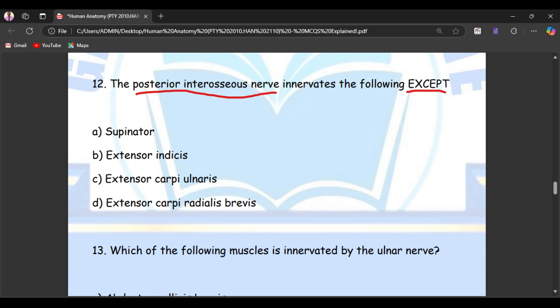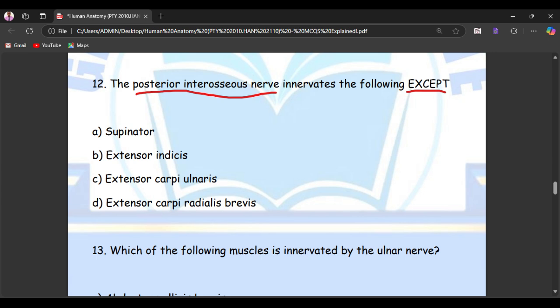The muscles of the superficial compartment of the forearm which receive innervation from the posterior interosseous nerve include extensor digitorum, extensor digiti minimi, and extensor carpi ulnaris.